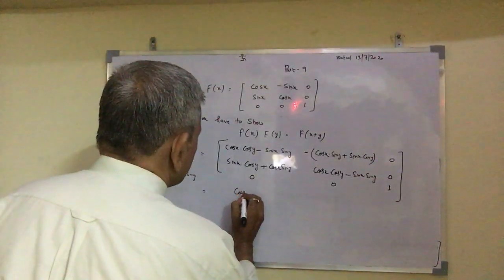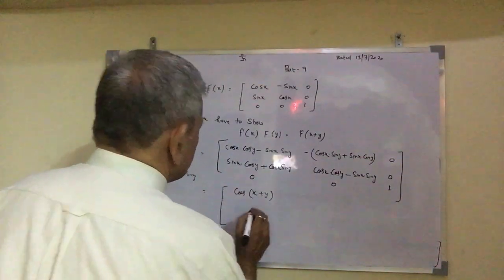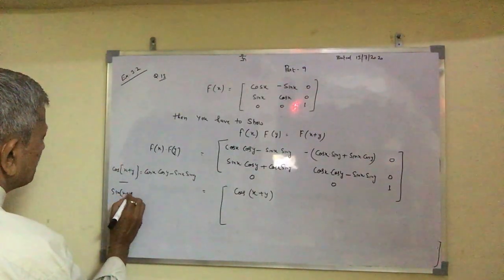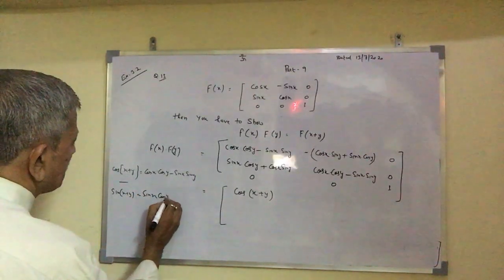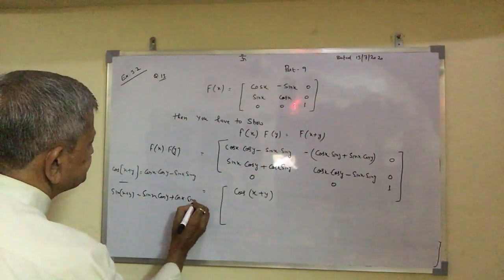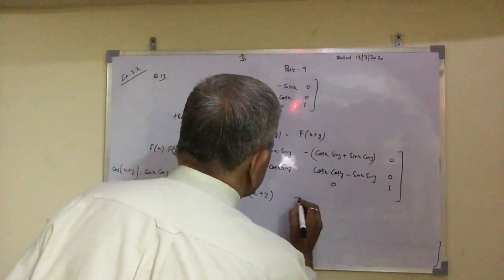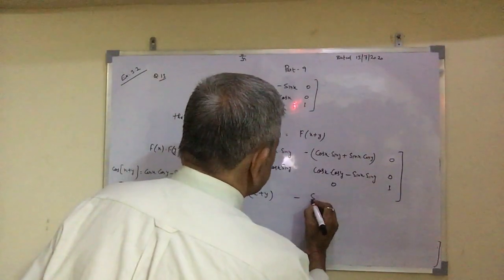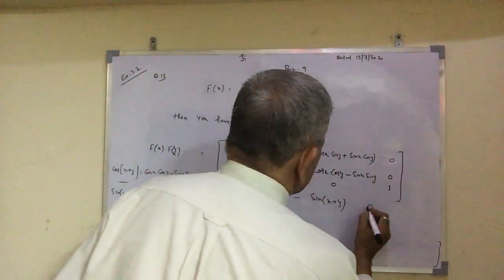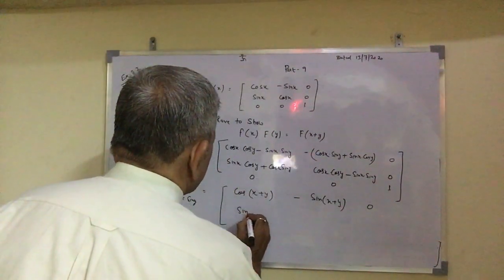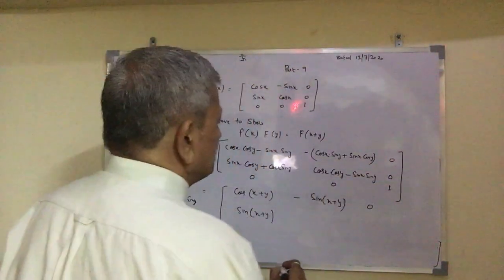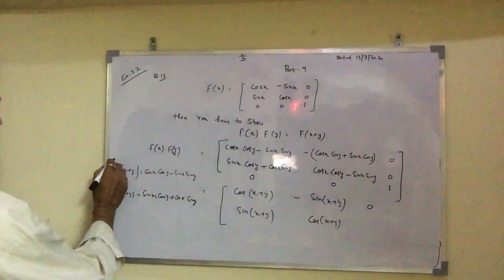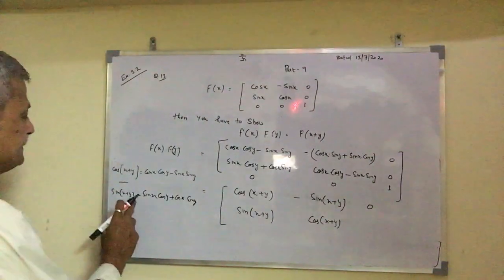So you write down here cos of x plus y as per the trigonometric formula, and because you already know that sin of x plus y is equal to sin x into cos y plus cos x into sin y, here you would write with the minus sign the same formula, sin of x plus y, which is 0 afterwards, and here again sin of x plus y, and here again this is cos of x plus y as per the first formula, because it is already given that this is equal to this one.